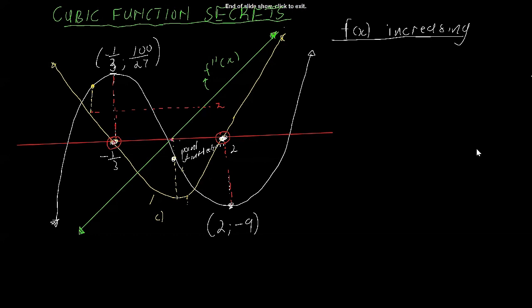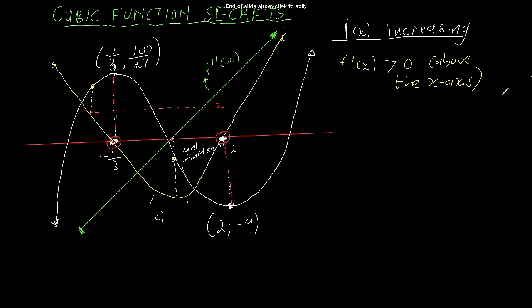We would soon find out that where f of x is increasing, it's actually where your f prime x is greater than 0, meaning where your f prime x is above the x-axis. So this is where your yellow graph is above the x-axis.